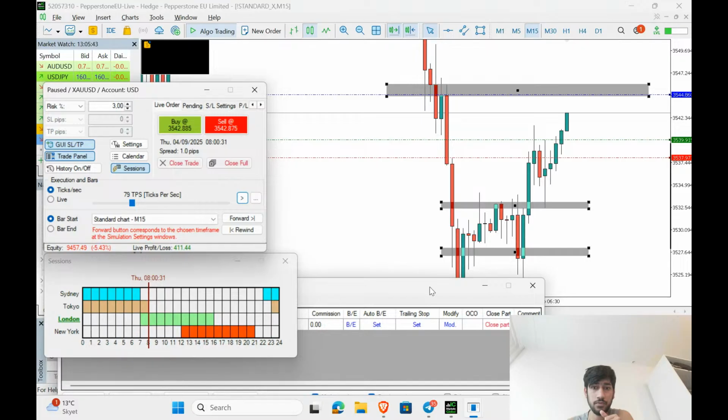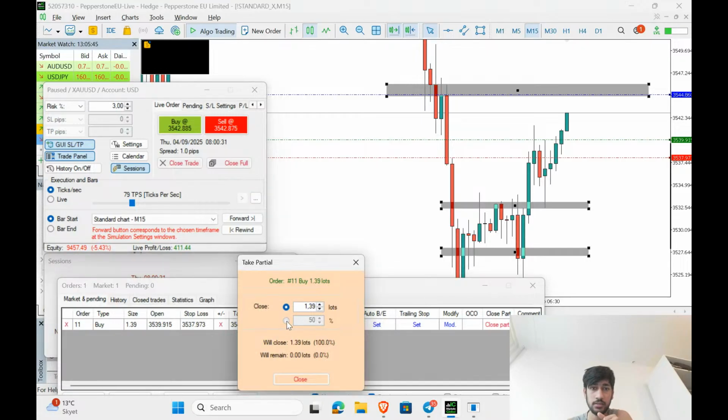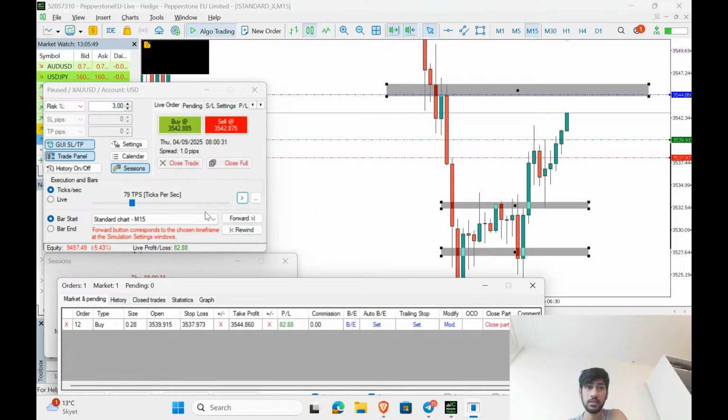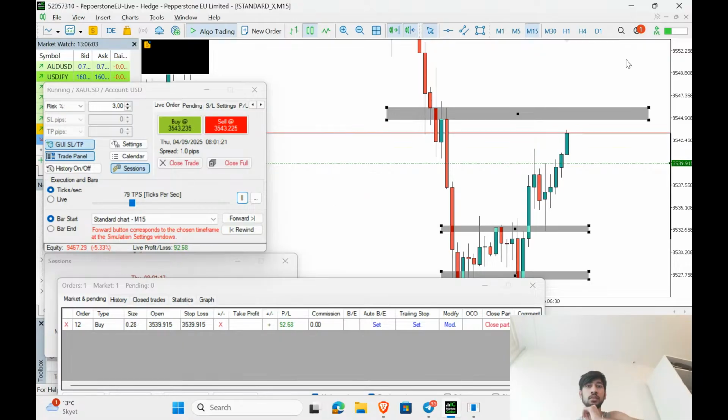Now, what I can do is close partials, 80% close, and BE, and let it run till take profit, remove take profit, and leave it to run till wherever it goes.